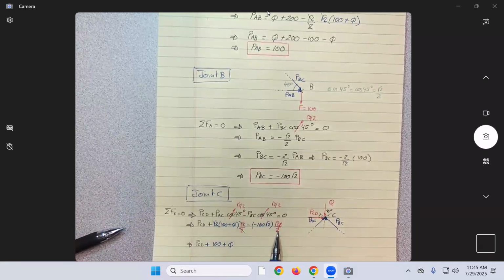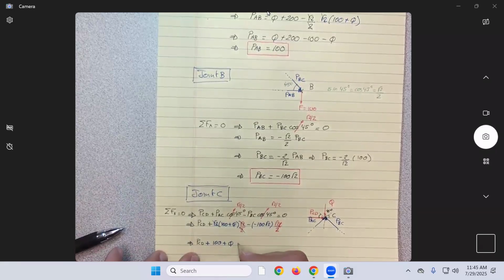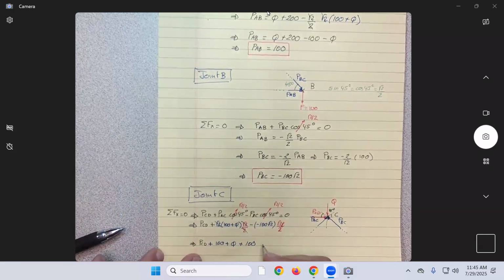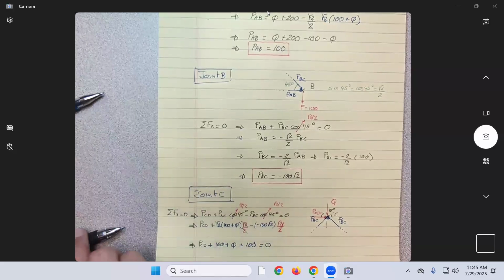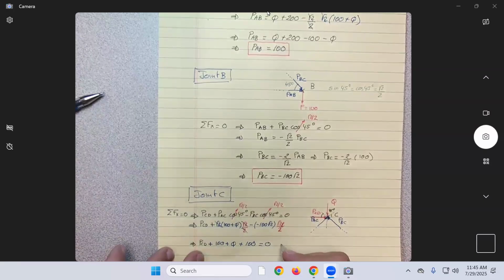So it will be 1 divided by square root of 2. So we'll give you plus 100 equal to 0. So finally, this will give us that PCD equal to, let's see, minus Q plus 200.